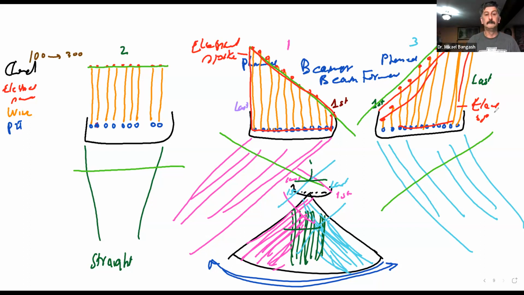Is that clear? Which will determine the direction in which the beam is going to be steered at a given moment of time. Because going from one pattern to another happens so rapidly, in fractions of nanoseconds.